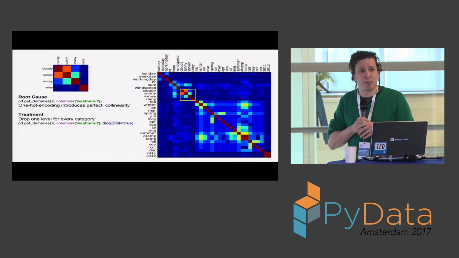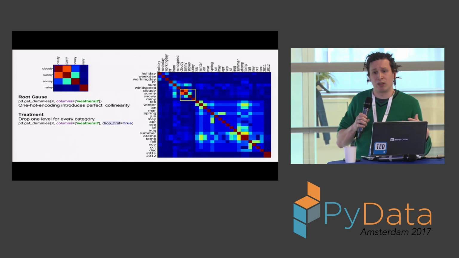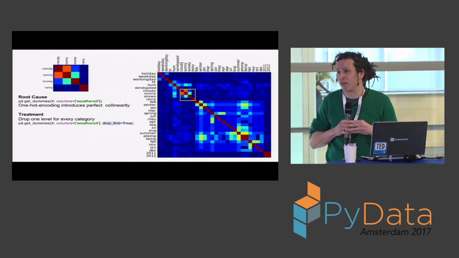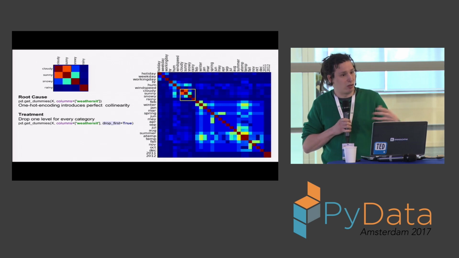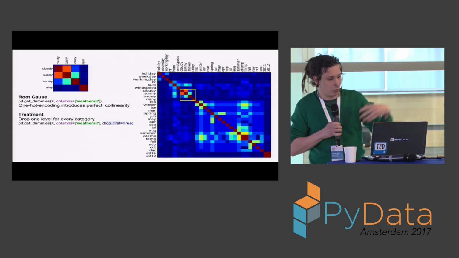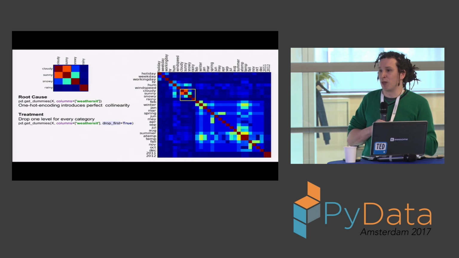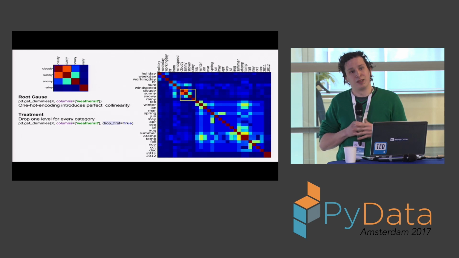This will fix the problem, but once we do this, we need to be careful about the way we interpret the coefficients. Because once we drop one categorical level, the coefficients that we estimate for all the other categories will be with respect to the one we dropped. So suppose that we drop cloudy here, and then we observe that sunny gets 10 more bicycle rentals.